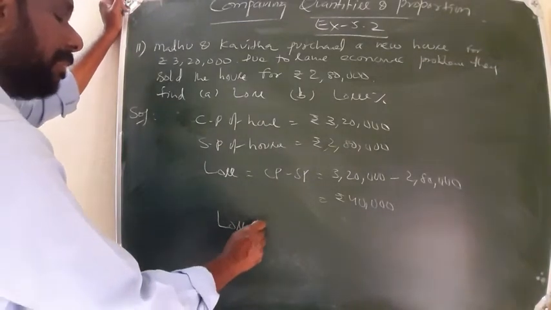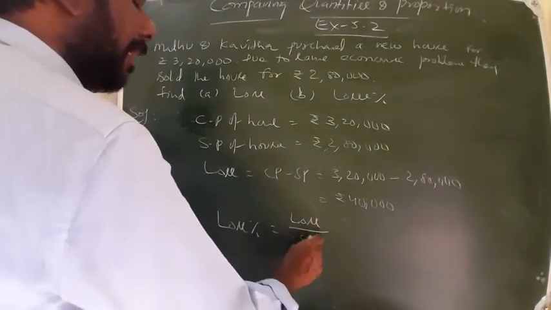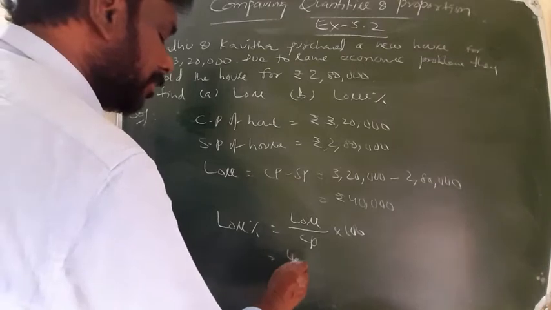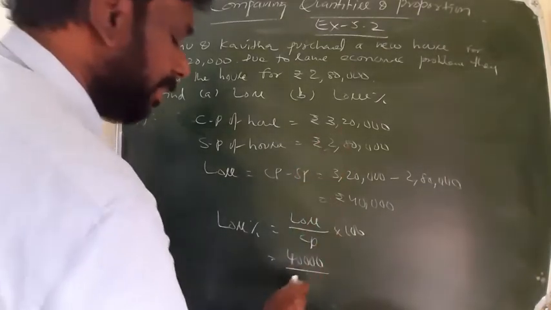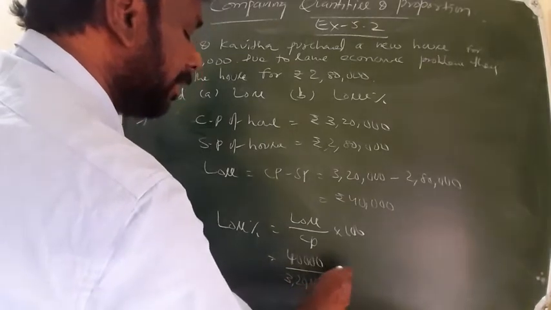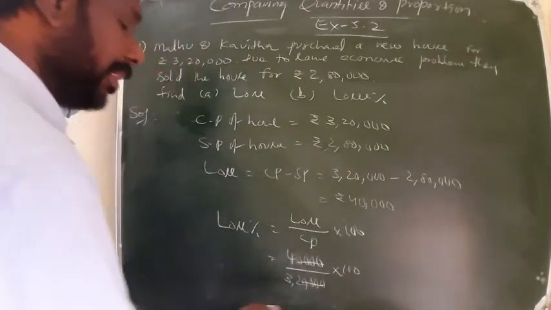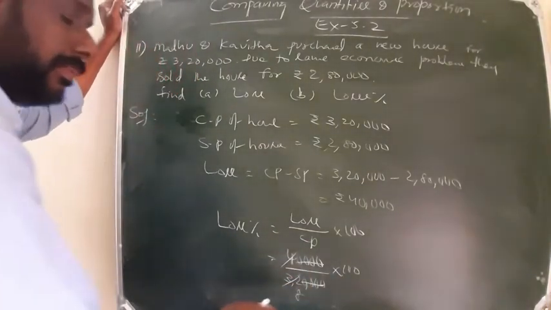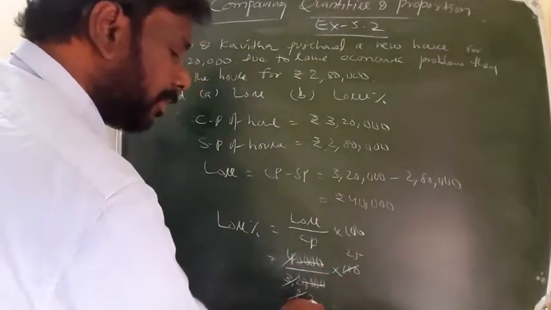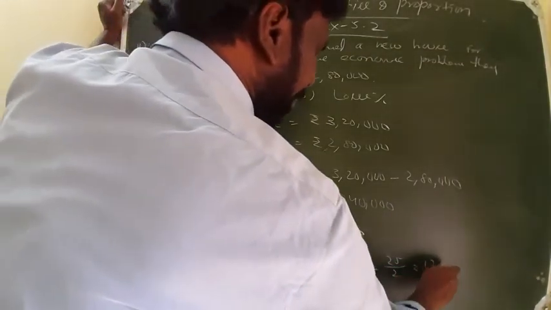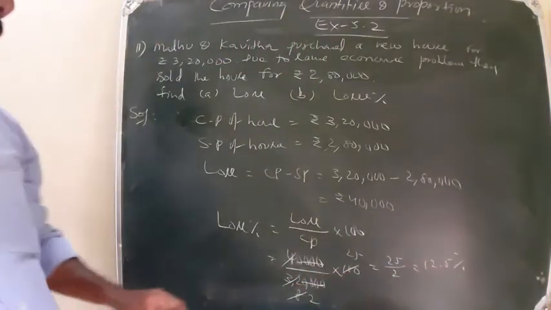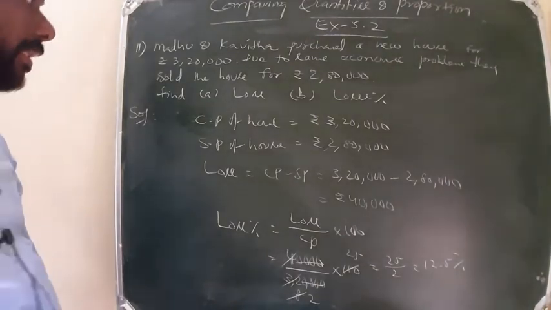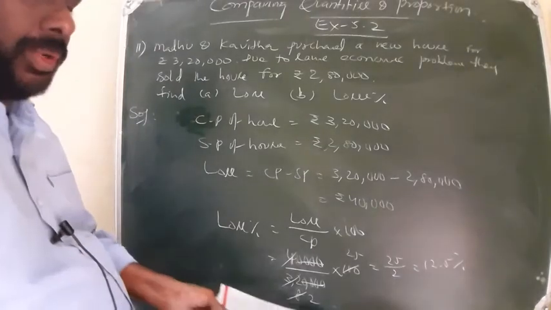Loss percentage is equal to loss by CP into 100. 40,000 by actual CP 3,20,000 into 100. 4 zeros cancel. 4 table, 4 8s 32, 4 25s, 4 2s, 25 by 2, that is 12.5. So the loss percentage is 12.5%. So like that you have to do this problem.